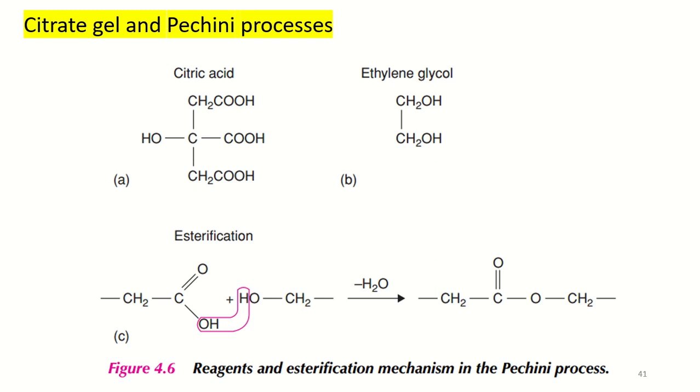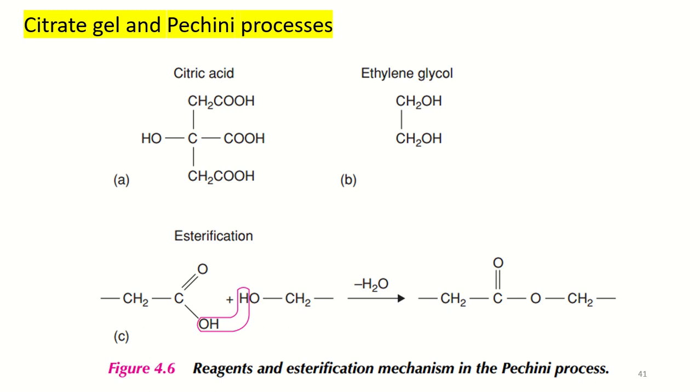The next is the citrate gel and Pechini process. A third family of sol-gel processes, often with a combustion step to decompose the gel product, utilizes carboxylic acids such as citric acid and polyhydroxy alcohols such as ethylene glycol.